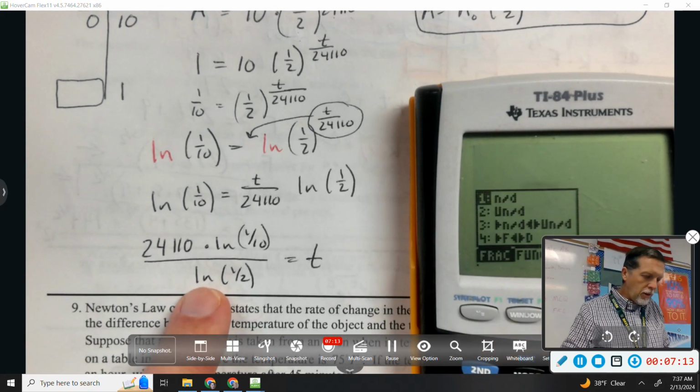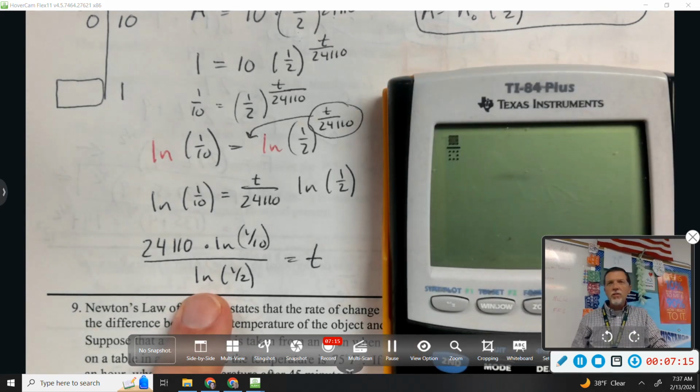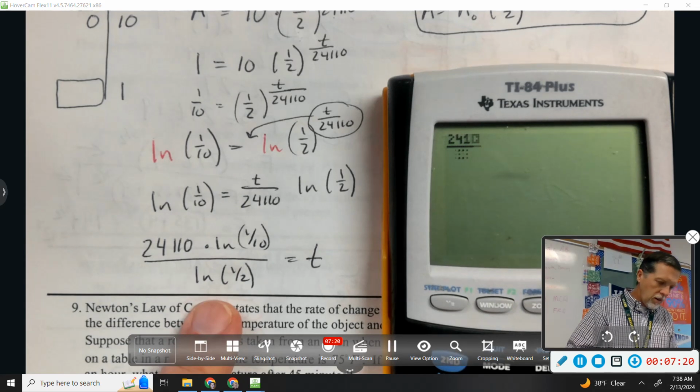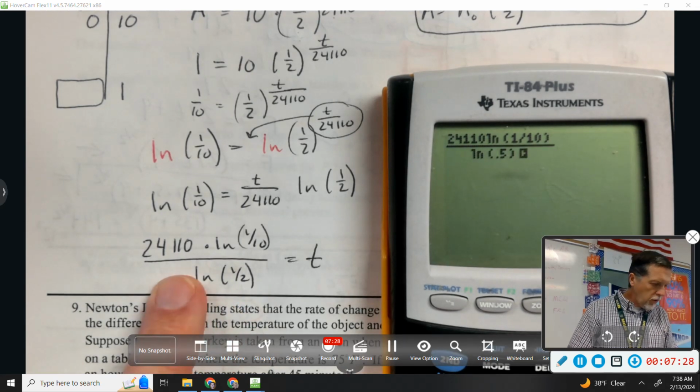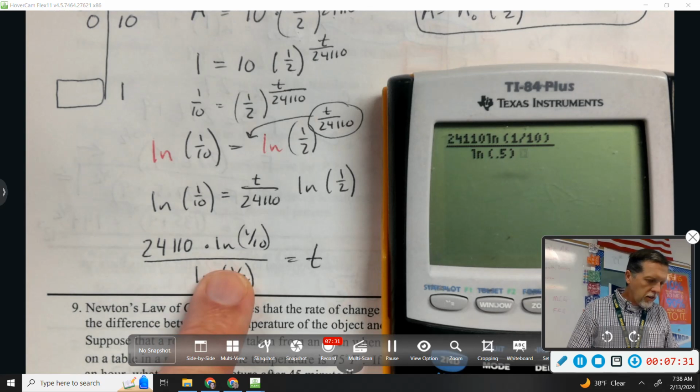Maybe one where you want to use the fraction bar to make sure it's clear who's where. So 24,110 natural log 1/10 over natural log 1/2.